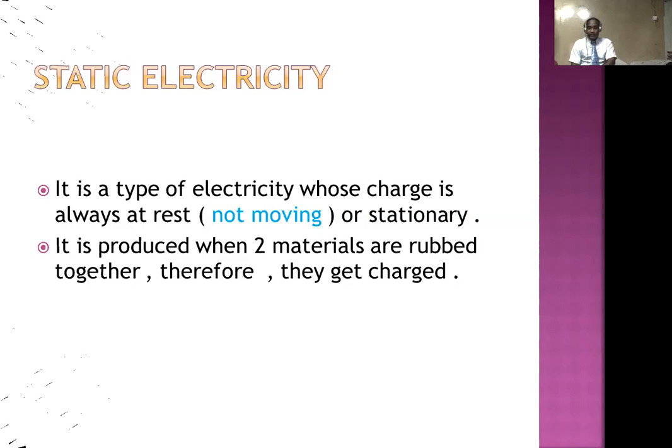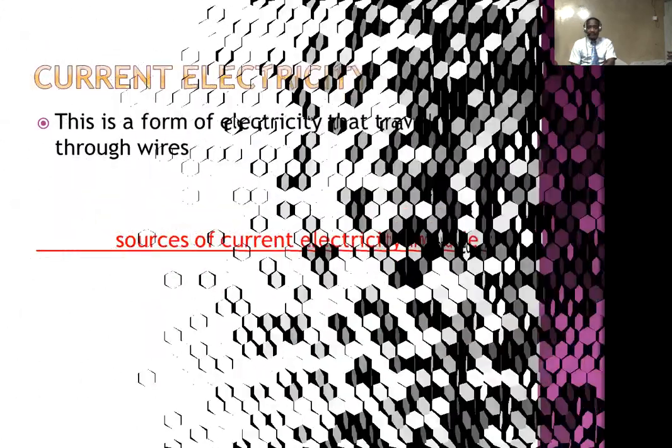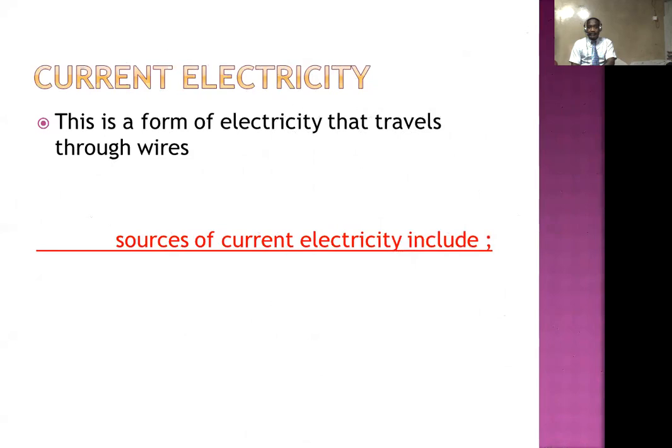Number two is current electricity. Current electricity is a form of electricity that travels through wires.